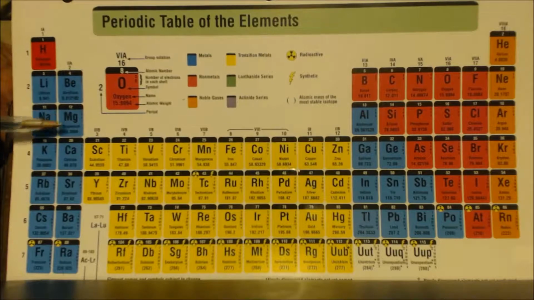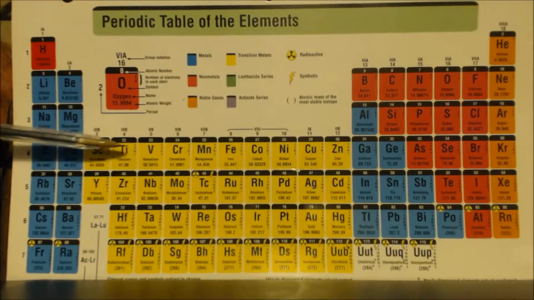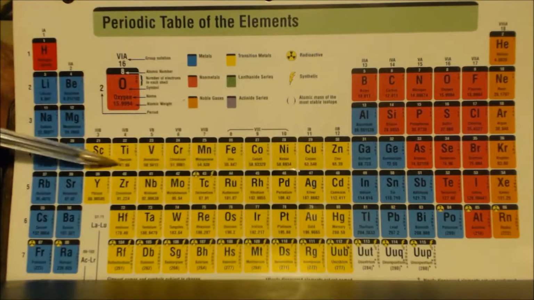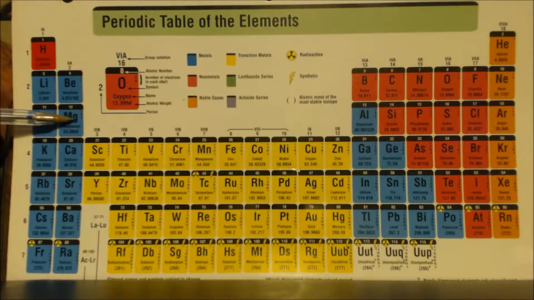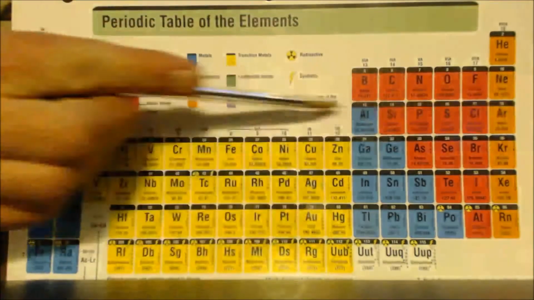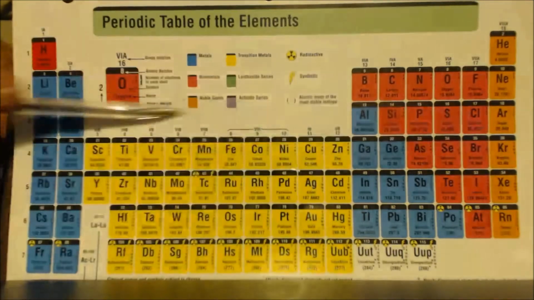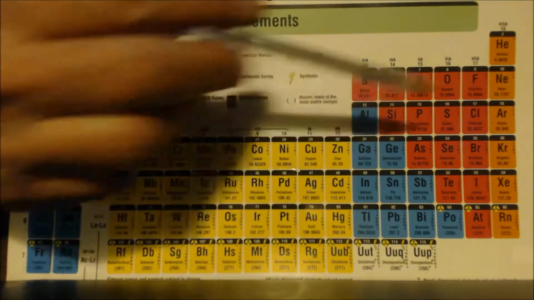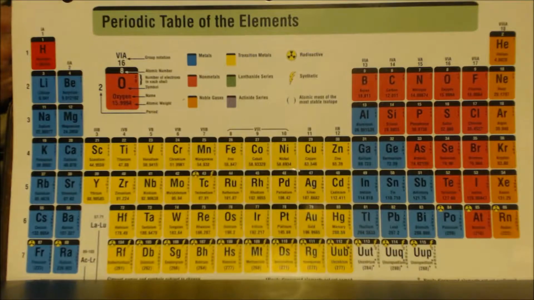Now this one right here can actually have 8 or 18, because remember your d orbitals, this is actually a 3d orbital, right? So if you're in this row, shell 3, period 3, you have 8 valence electrons.